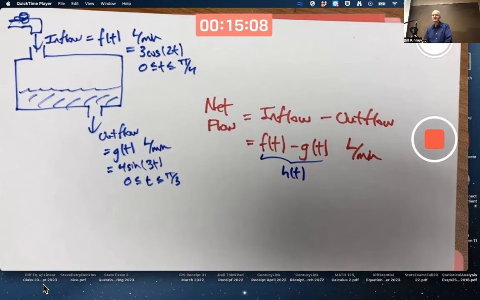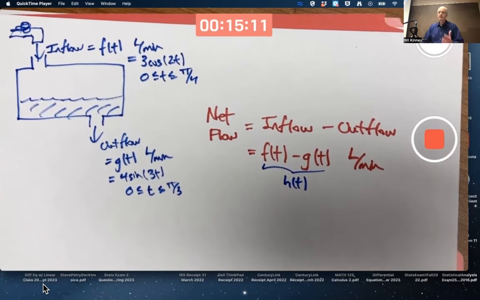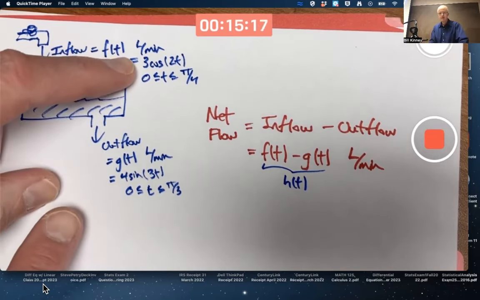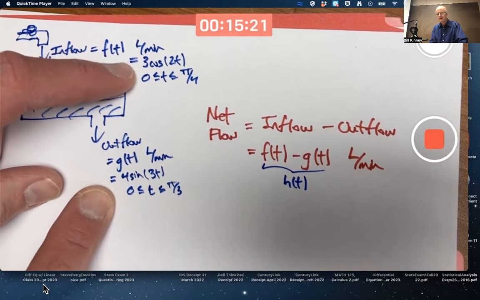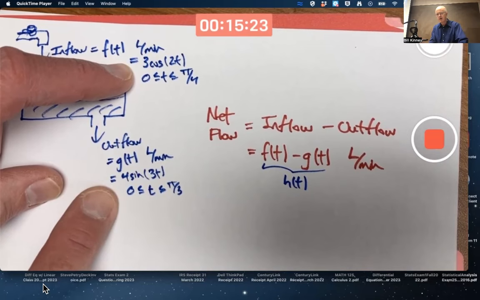Yeah, this is a function that could be positive or negative. Initially, it's going to be positive here, because since cosine of 0 is 1 and sine of 0 is 0, initially this is positive and this is 0. Certainly at first, h of t is positive.